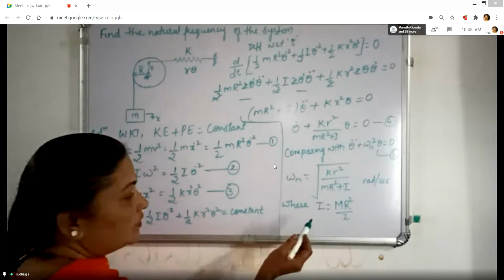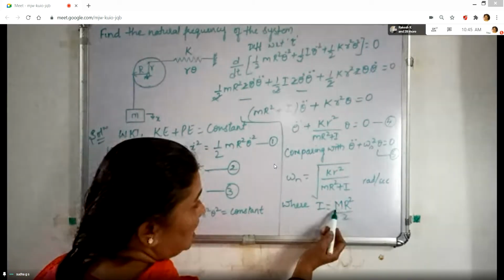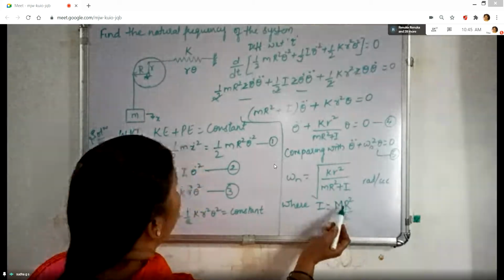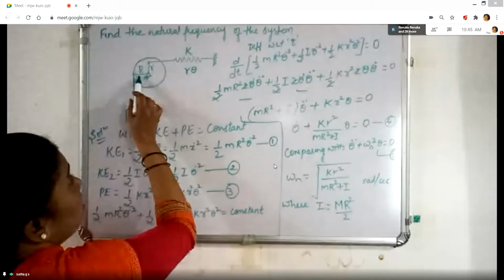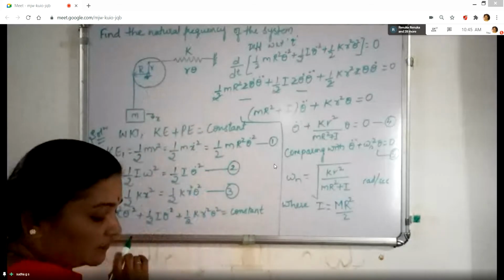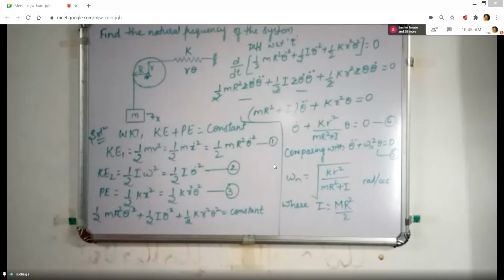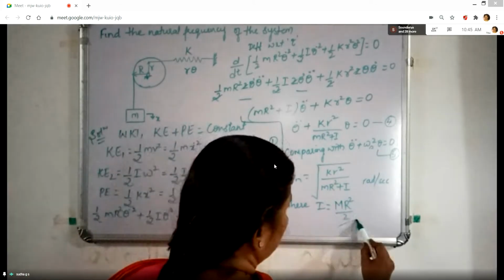So when you write this I value, please keep in mind mass of the pulley you always take as capital M, and based upon the radius given, r is the radius of the pulley, so M r square divided by 2, right?